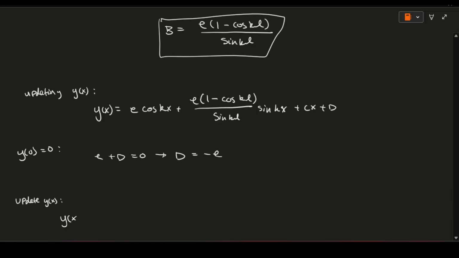We get that y of x is equal to E cosine kx plus E times 1 minus cosine kL all over sine kL times sine kx, plus Cx, where C is just C for now, minus E.